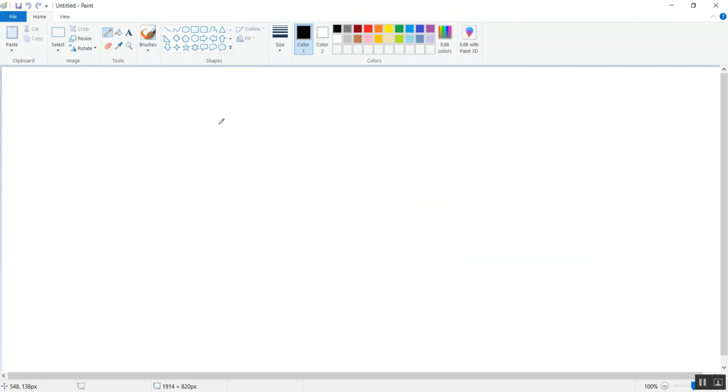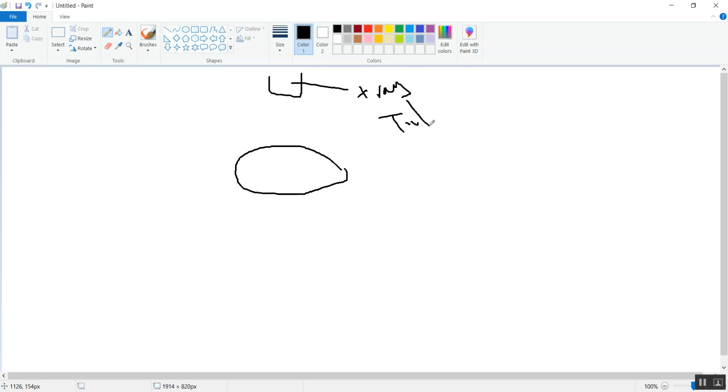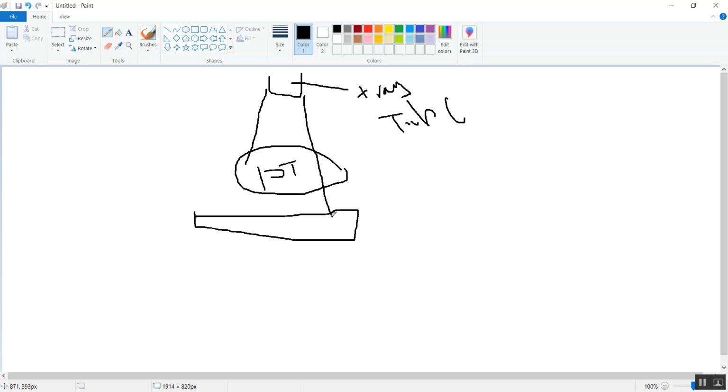Here you will find that this is our patient and this is the X-ray tube, and these are the detectors, okay. Radiation is coming out from the X-ray tube.